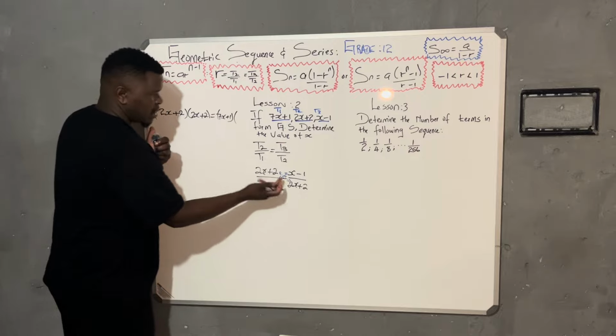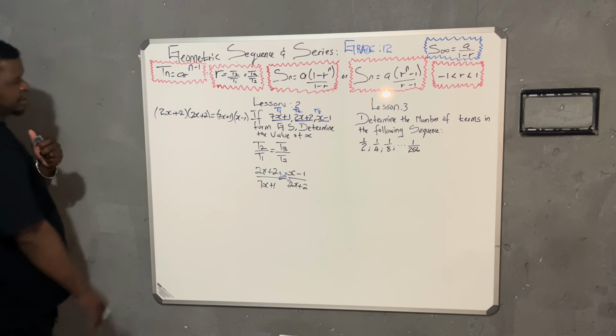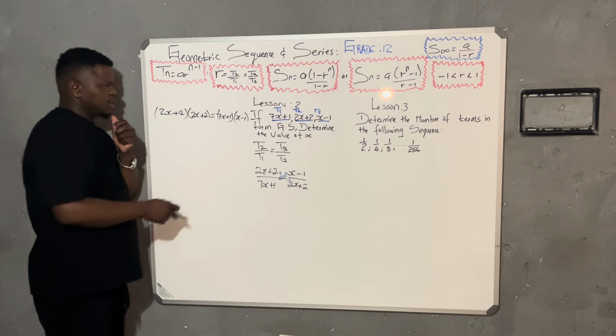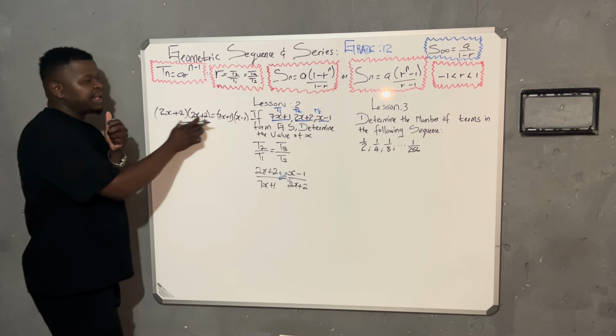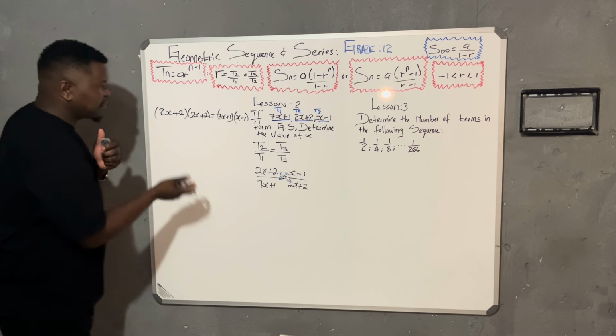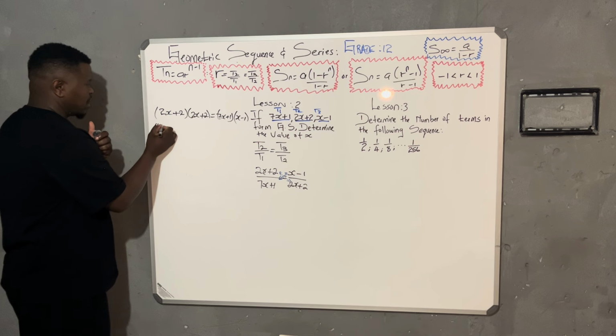So now I'm going to work on it. As a math learner, from here you celebrate, because this is just plain algebra where you are applying the FOIL method, simplify, whatever. So let's do it.